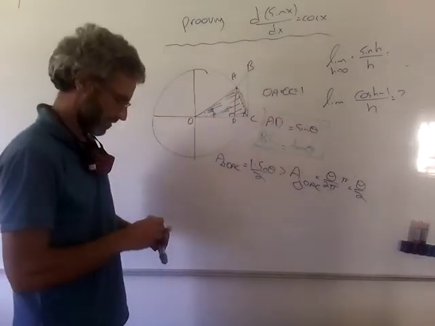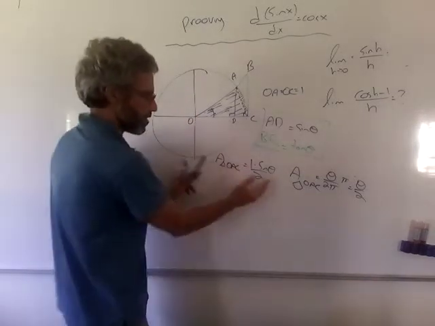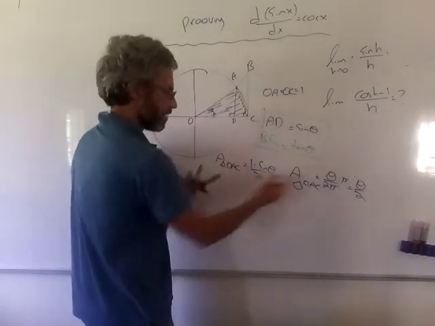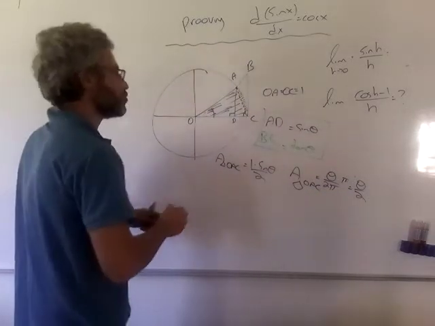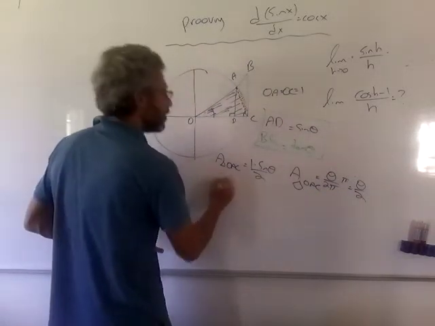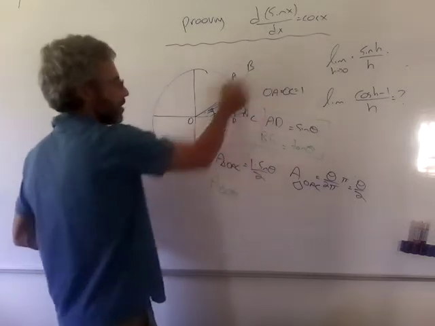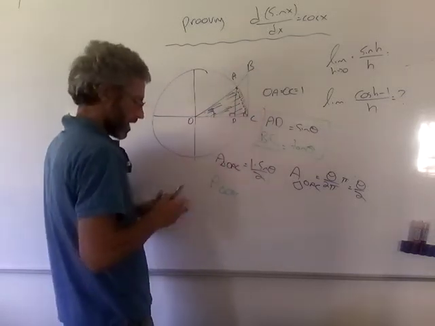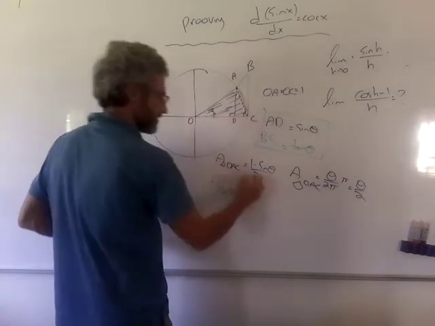Alright, so I'm going to just get rid of that to make it a little bit simpler. So I've got the area of a triangle, and I've got the area of the segment. Now we're going to move on to the area of the big triangle OBC. Again, I know the base. The base in this case is 1.